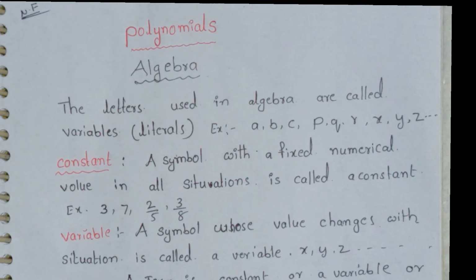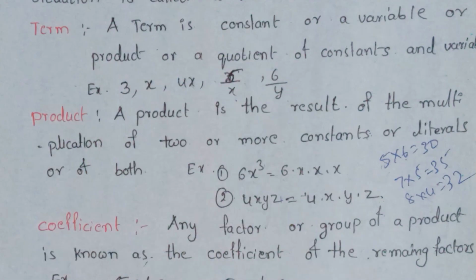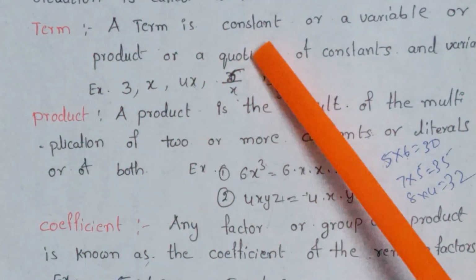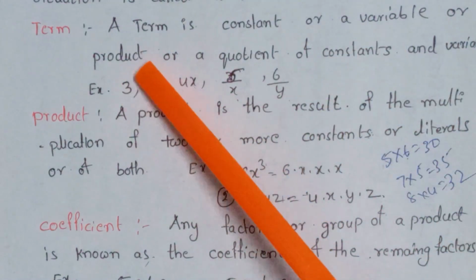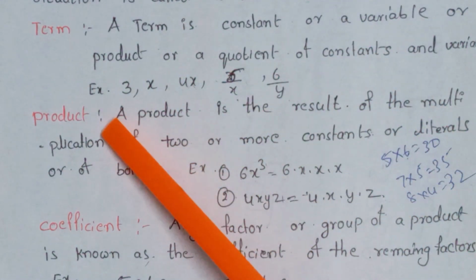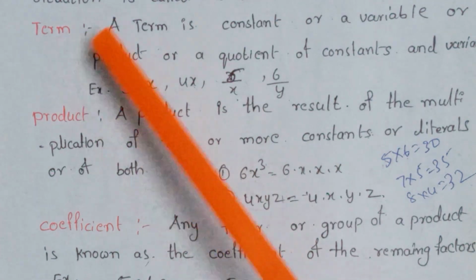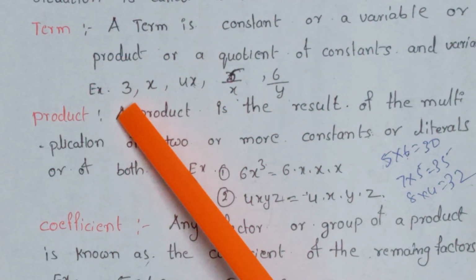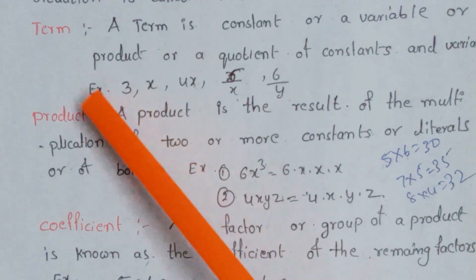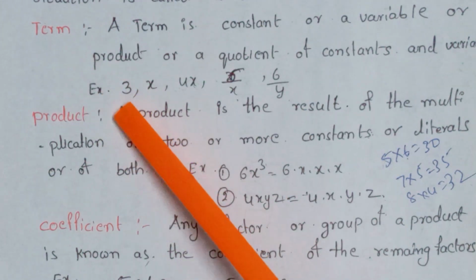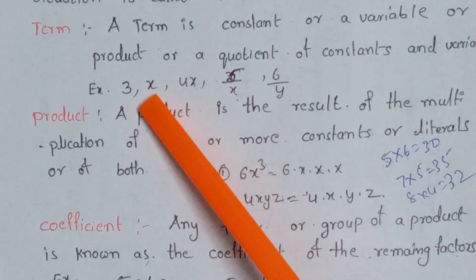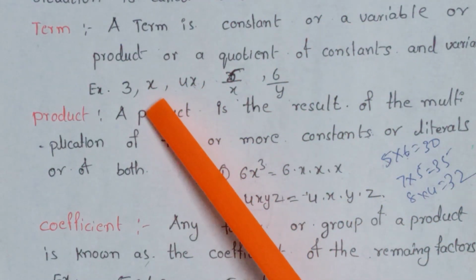Next one is term. A term is a constant, or a variable, or a product or quotient of constant and variable. The term is a constant, meaning numbers like 3, 5, 7, 8, and variables, which are alphabetical symbols.